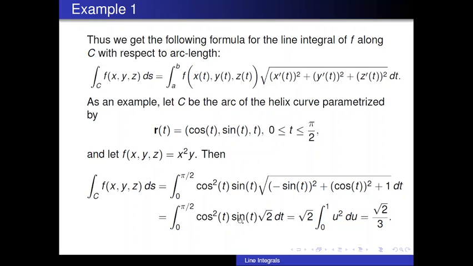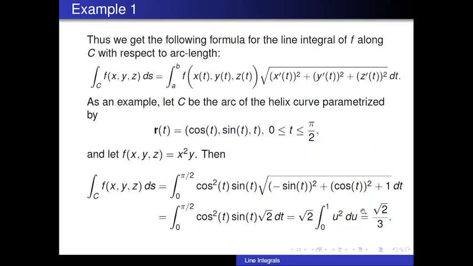And so you'll have that little intermediary problem where your bounds are backwards, but that writes itself by removing the minus sign. So this integral becomes the square root of 2, which we can yank outside, times the integral from 0 to 1 of u squared du. And this one's pretty routine, right? That's just 1/3 after you do the integral, so you get the square root of 2 over 3.